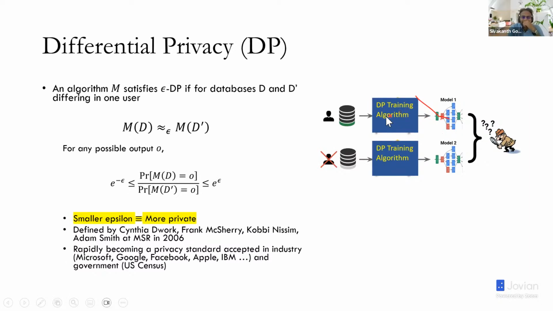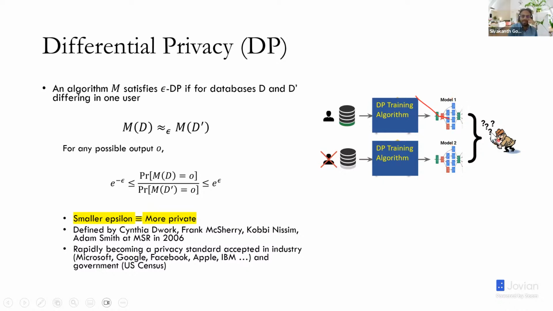So you have a model, and you imagine, as a thought experiment, training it on two adjacent databases which only differ in a single user's record. Here you can see that a single user's email was there in the input, and here that user's email was not used during training. Then this training algorithm produces two models, model 1 and model 2.